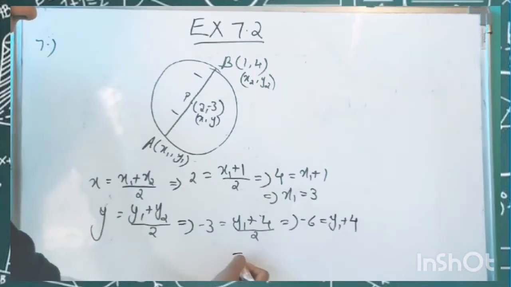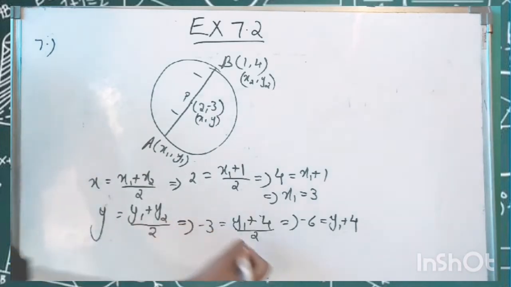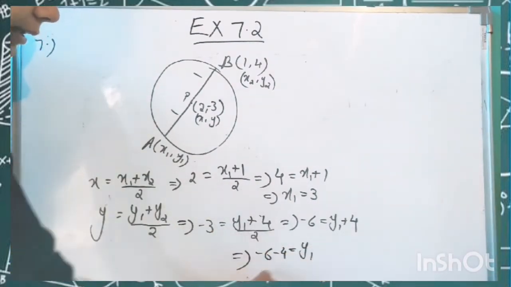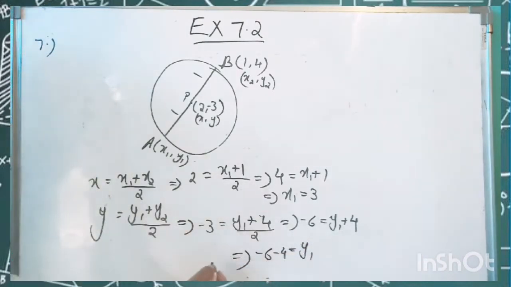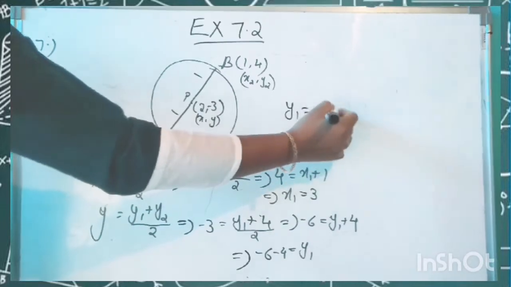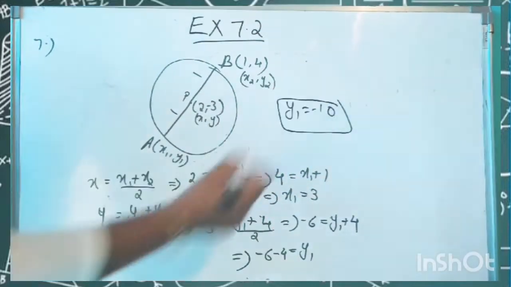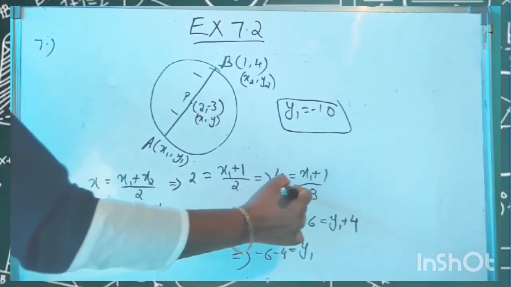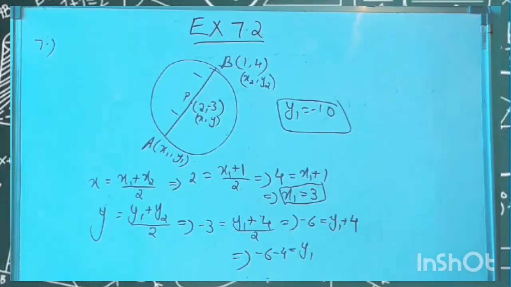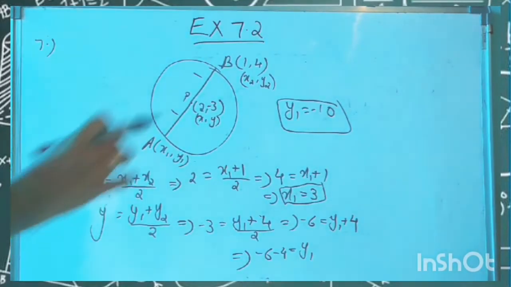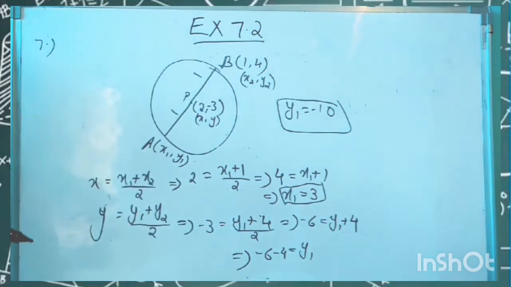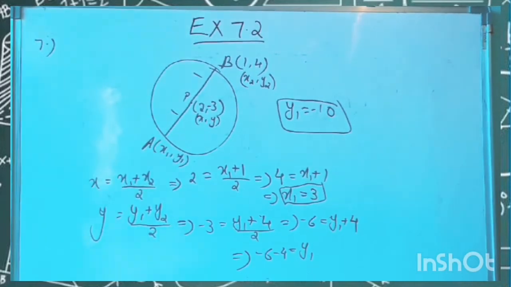Now take the 4 to the LHS: -6 minus 4 is equal to y1. That means y1 is equal to -10. So x1 is 3 and y1 is -10. In this problem, you should know that the center divides our diameter in the ratio 1:1.